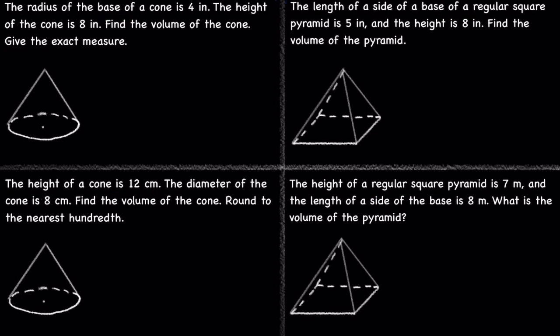The radius of the base of a cone is 4 inches. The height of the cone is 8 inches. Find the volume of the cone. Give the exact measure. The volume of a cone is 1/3 times the base times the height.